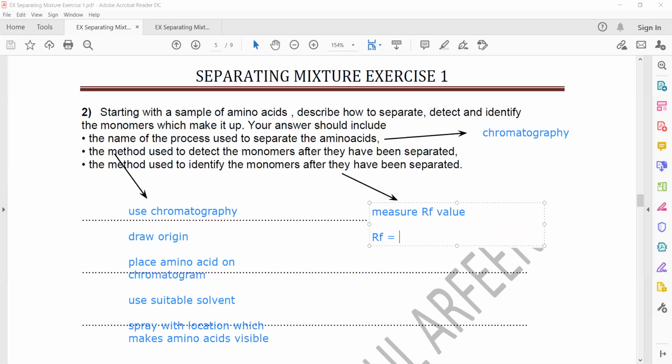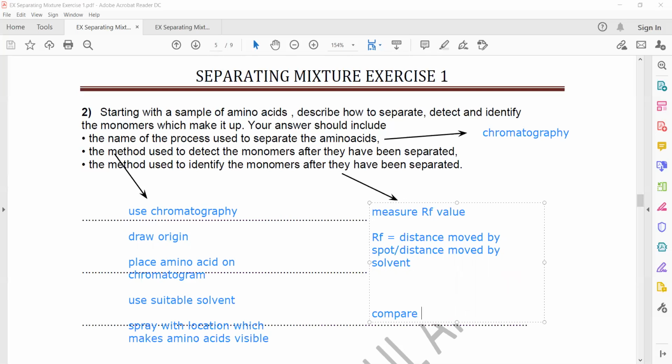Rf value is equal to the distance moved by the spot divided by the distance moved by the solvent, and compare the Rf value of the experiment with standard Rf values of amino acids.